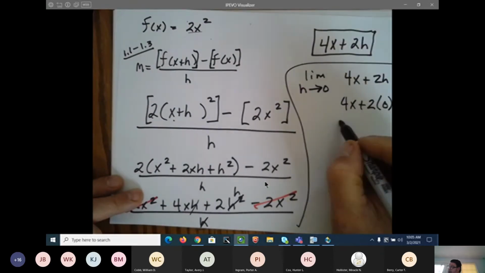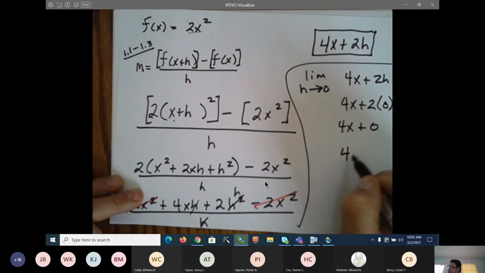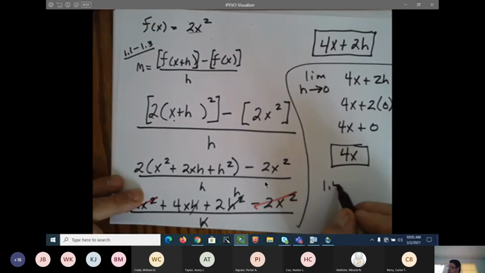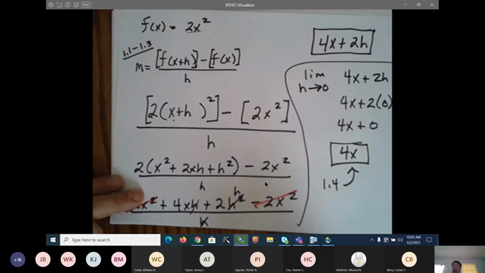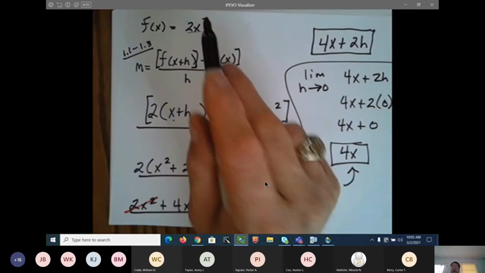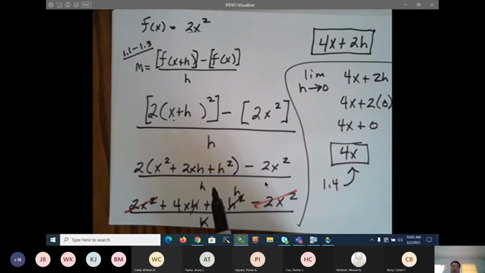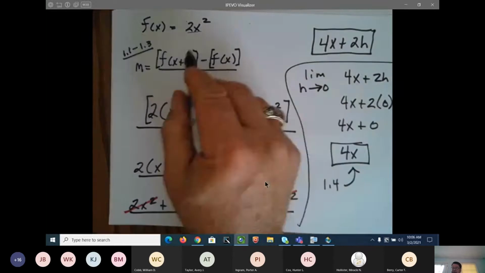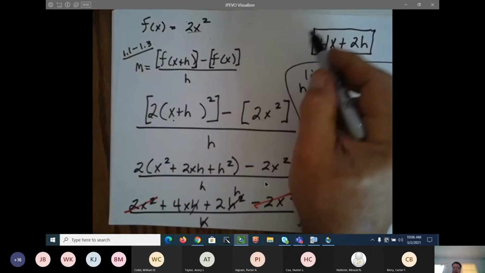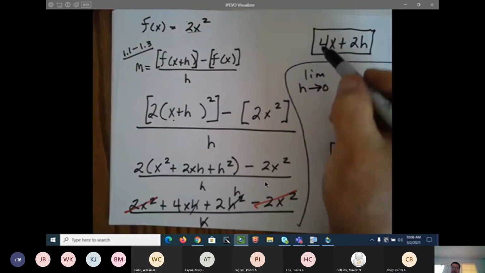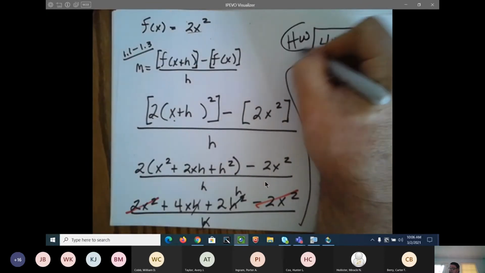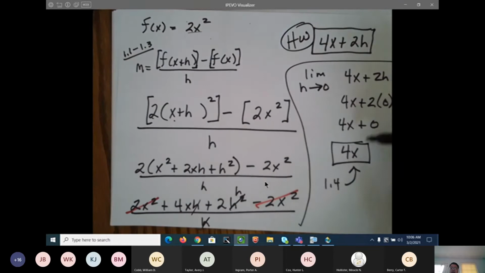That's 4x plus 0, which is 4x. So that is the 1.4 answer. You will see this in 1.3 testable material, and you'll see it in 1.4. The only difference is in a 1.4 question, you have to do all of this, and then you have to take the limit. So this is the answer to the homework question, and this is what you do in 1.4.